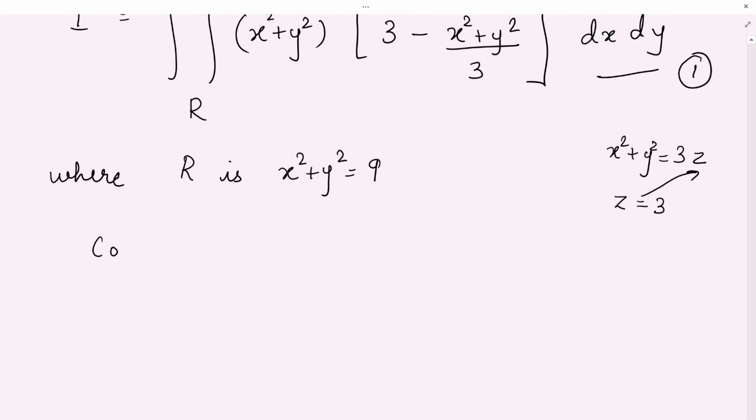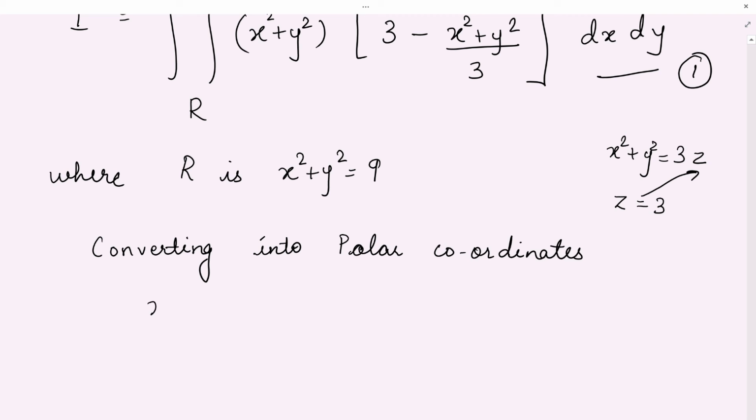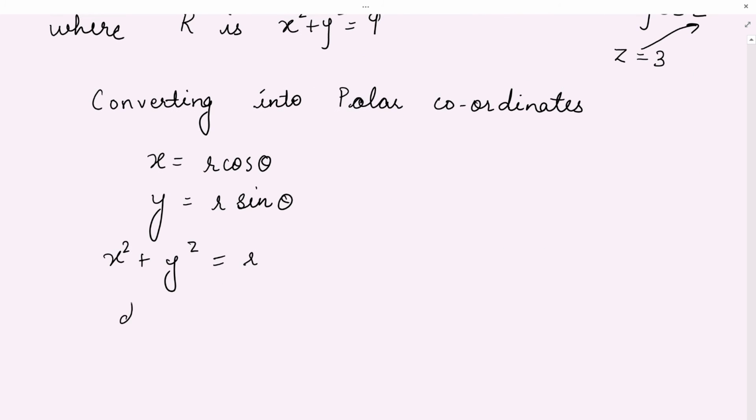So converting into polar coordinates, so substituting x is equal to r cos theta, y is equal to r sin theta, x square plus y square is r square, that you know, and dx dy is r dr d theta.